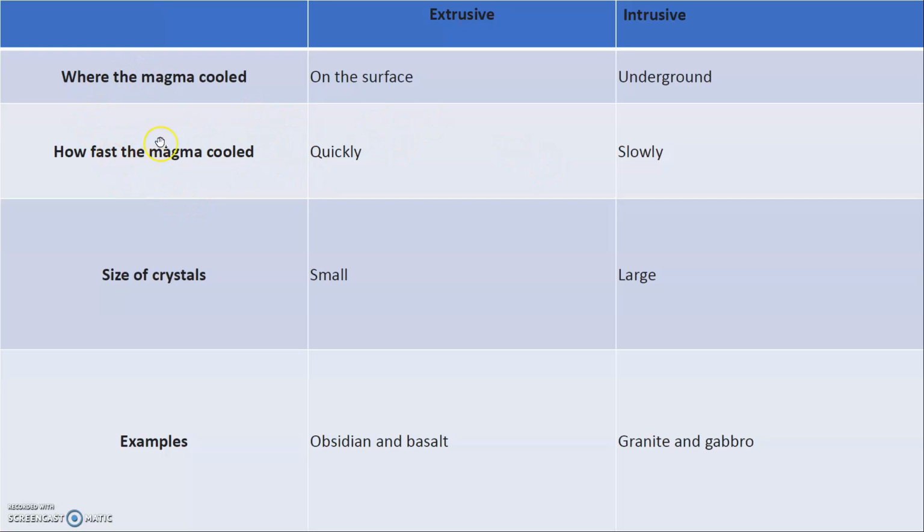Lava on the surface cools quickly, but underground it cools slowly. What will be the result in the crystals? Extrusive rock will have very small crystals, while on the other hand, intrusive rock will have large ones. Examples of extrusive rock are obsidian and basalt; intrusive are granite and gabbro.